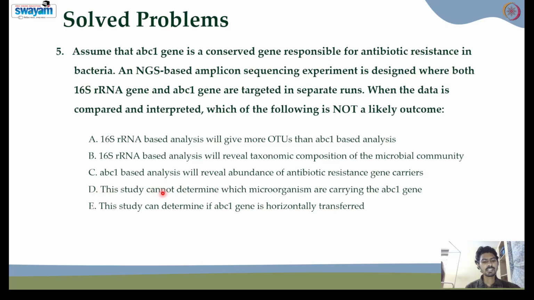Option D, this study cannot determine which microorganisms are carrying the ABC1 gene. And option E, this study can determine if the ABC1 gene is horizontally transferred. Among these statements, which is not likely to happen, you can post your answers by carefully reading the questions, because it is a situation based question. You have to read it twice or thrice to answer it.